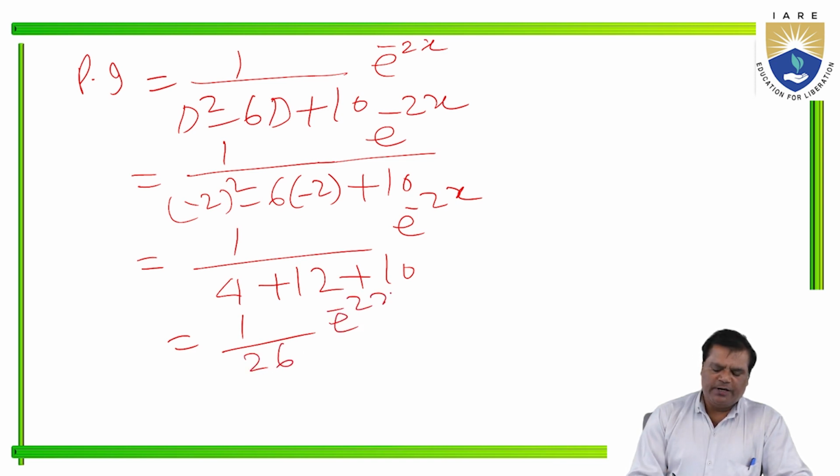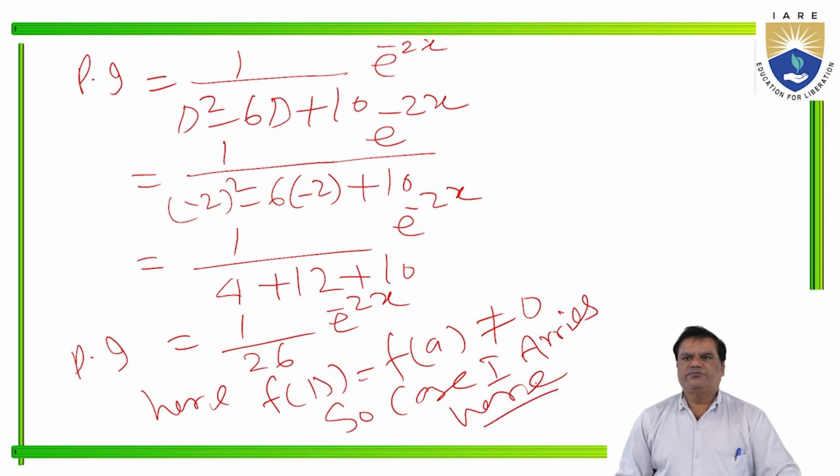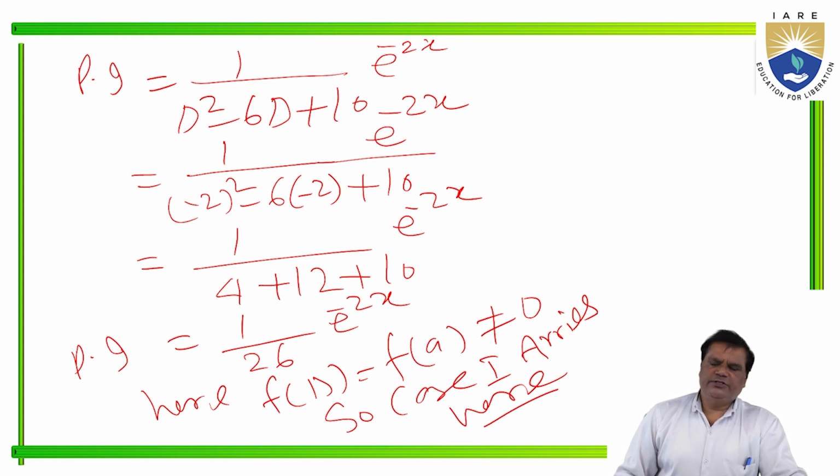So PI is 26 e to the power minus 2x. Here f(a) is not 0, so case first arises. If f(a) is 0, then we apply case second.